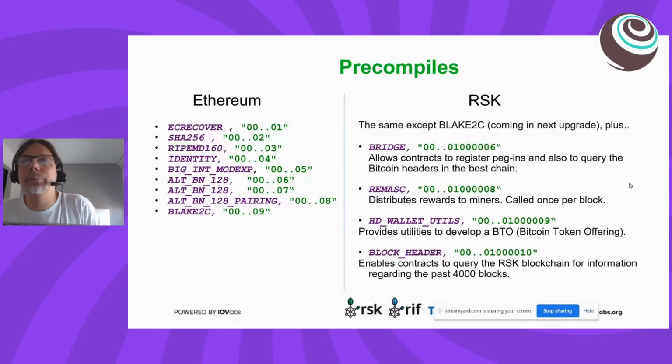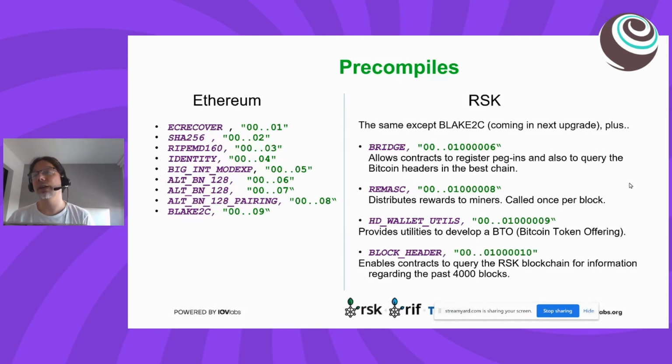So what about precompiles? Well, Ethereum has 9 predefined precompiles, and currently RSK implements 8 of them, and the missing one is being implemented in the next hard fork. But you also have some other precompiles that can be useful for you if you are creating some very complex contracts or interesting ideas.